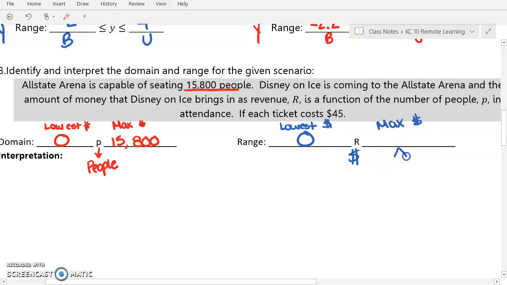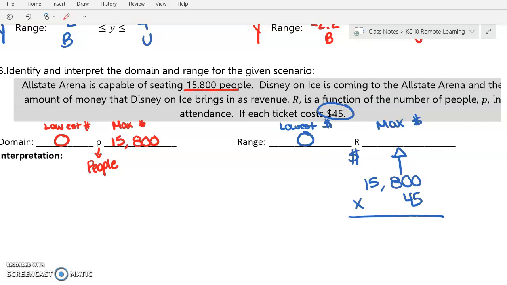So in order for us to be able to find out that number, you have to multiply the max number of people, which was 15,800, times how much each ticket costs. So they tell us again, it's 45. So in your calculator, you're going to do 15,800 times 45. 15,800 times 45 is 711,000.